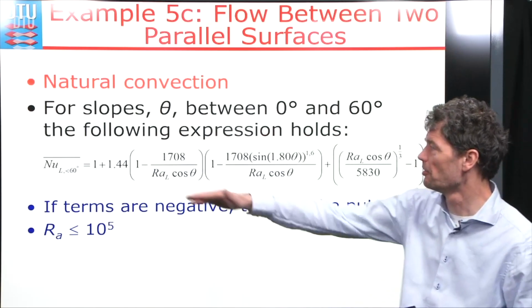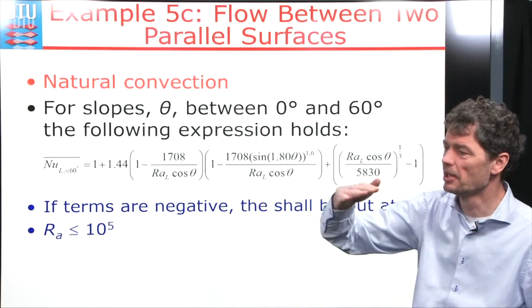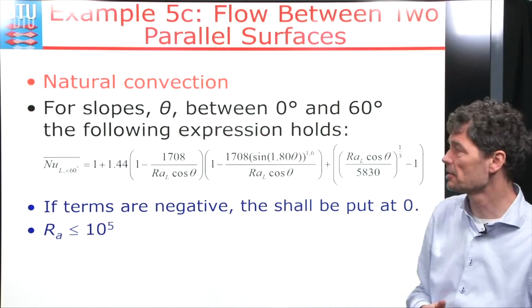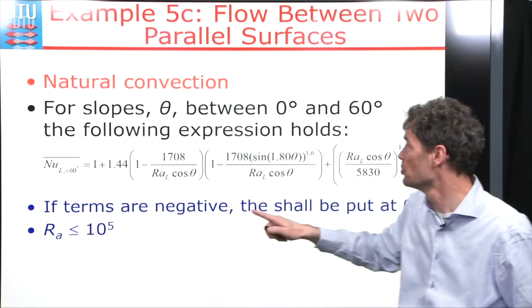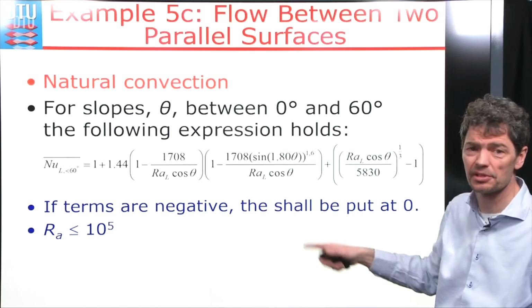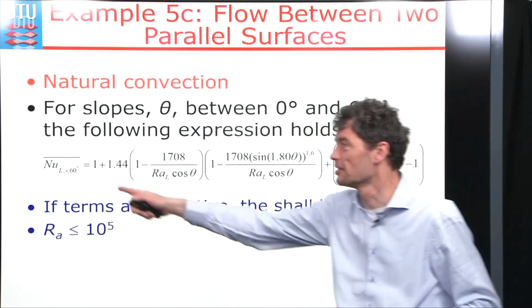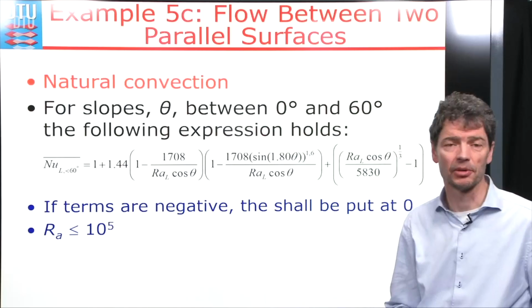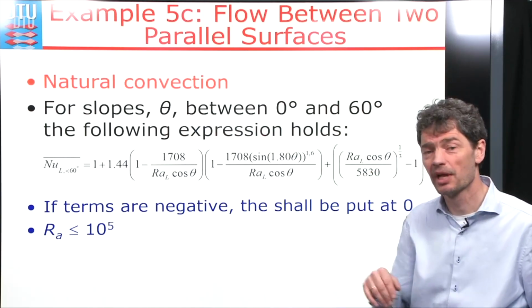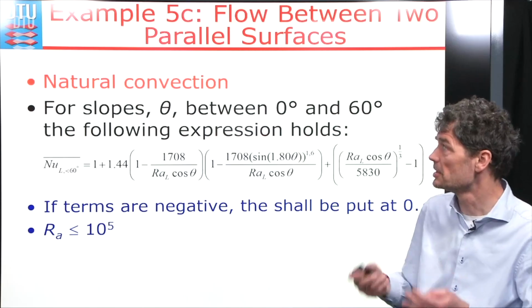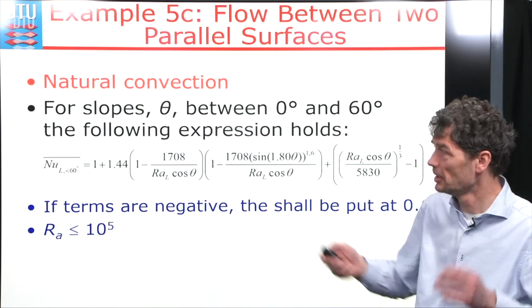Finally, if we have the cavity become still more flat or more horizontal, well, then with the slope theta here, you can insert in the formulas now also, and then you can find yet another average value for the Nusselt number that expresses the heat transfer between the fluid that flows between the surfaces, in our case.